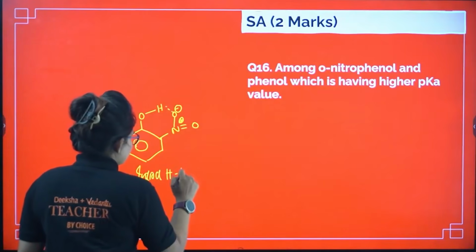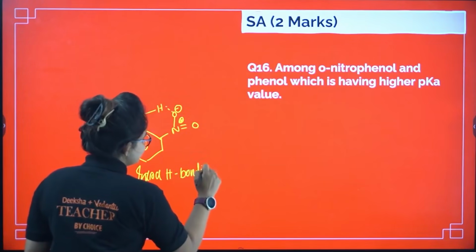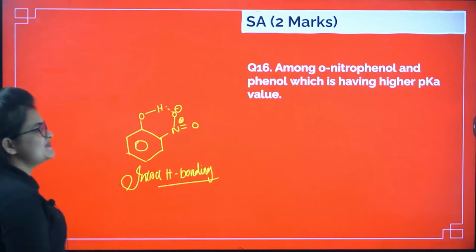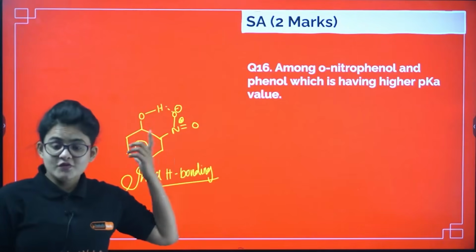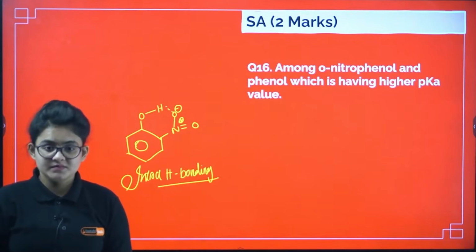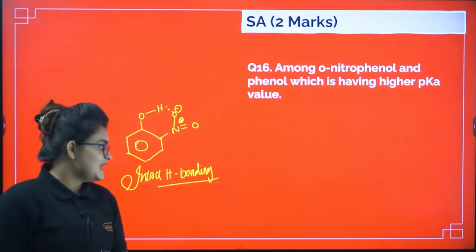As a result, a 6-membered stable ring is formed here. So why would the oxygen release the hydrogen?